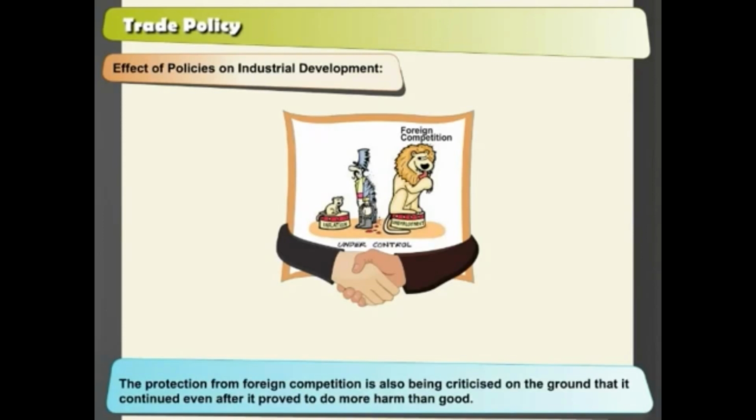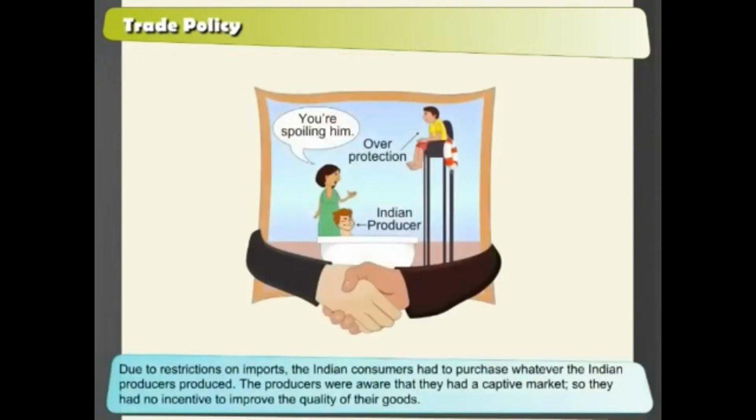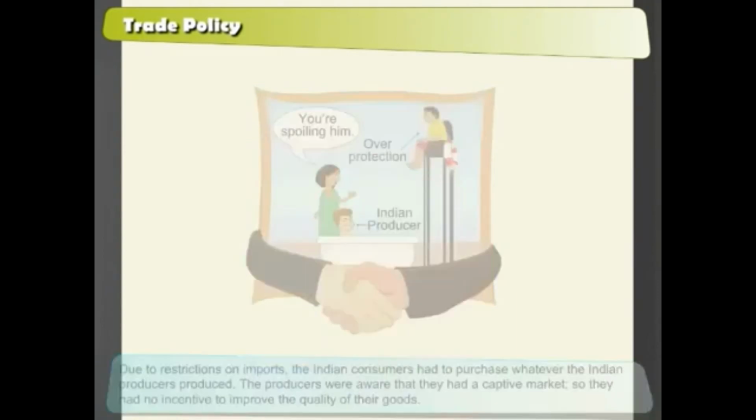The protection from foreign competition is also criticized on the ground that it continued even after it proved to do more harm than good. Due to restrictions on imports, the Indian consumers had to purchase whatever the Indian producers produced. The producers were aware that they had a captive market, so they had no incentive to improve the quality of their goods.